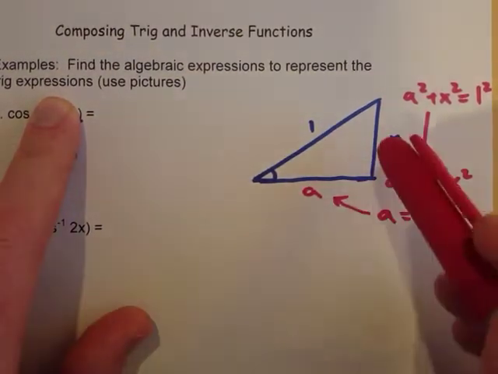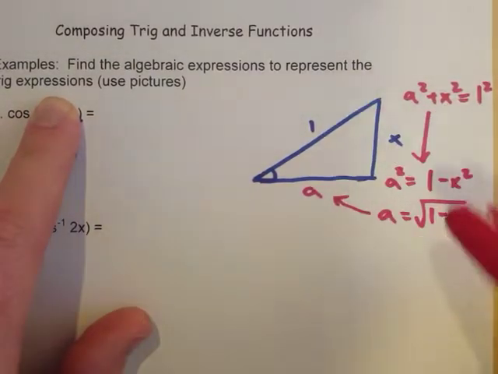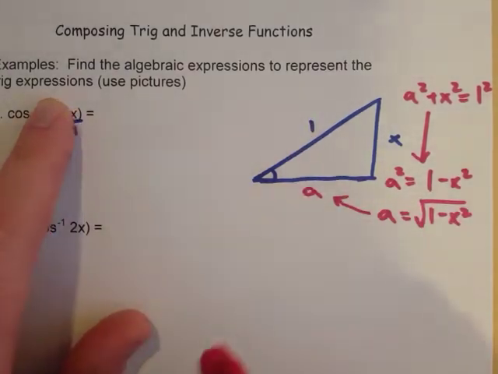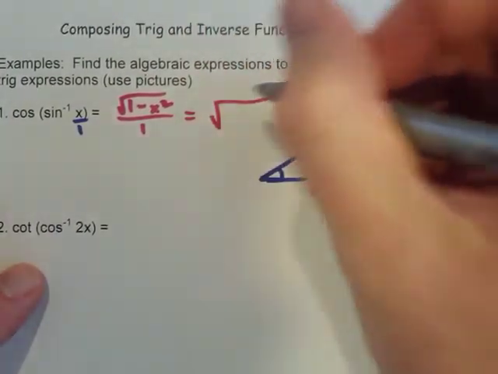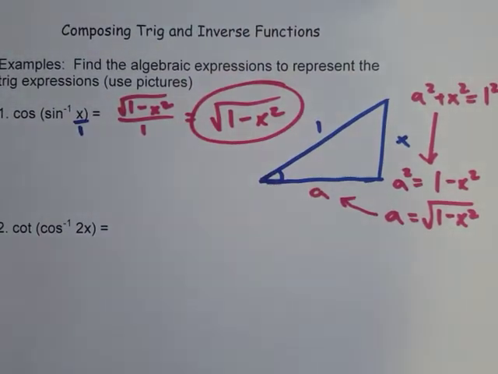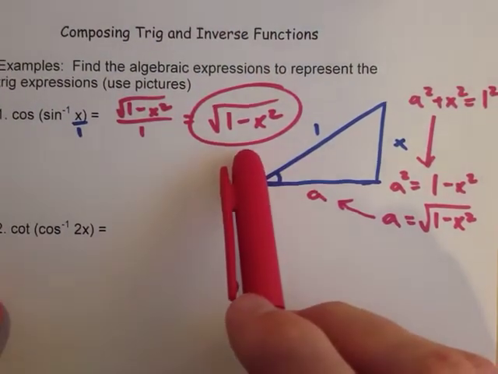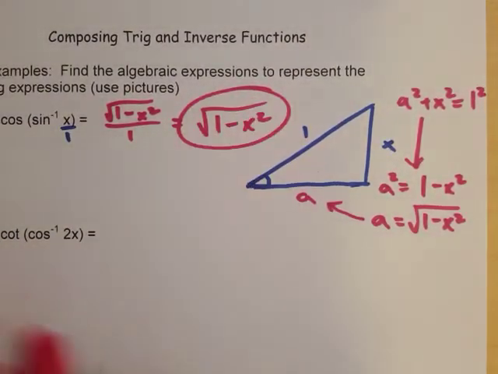So the cosine of that thing is adjacent over hypotenuse. So it's this over 1. So we've got square root of 1 minus x squared over 1, which is just square root of 1 minus x squared.